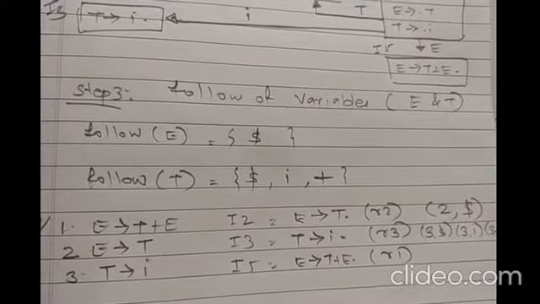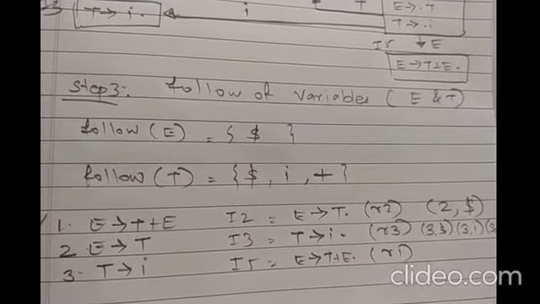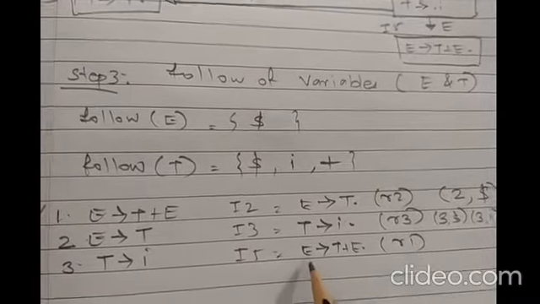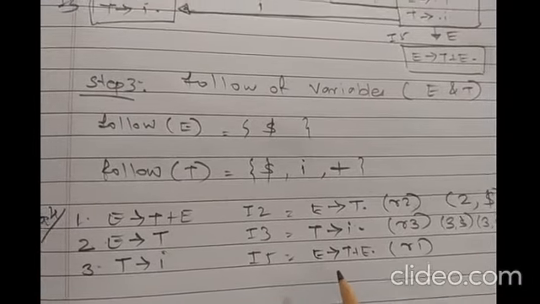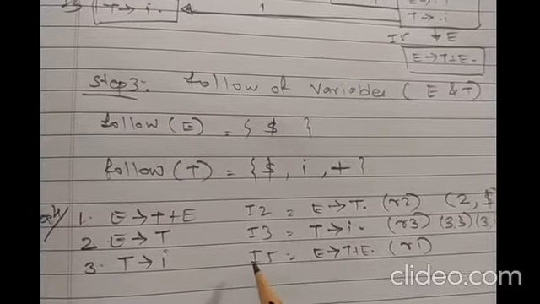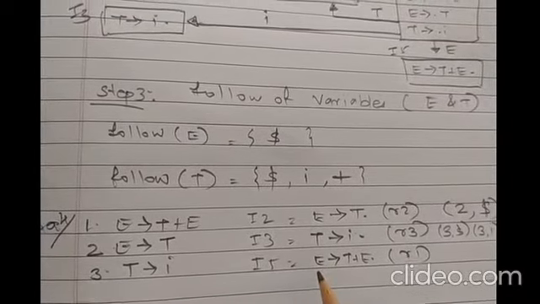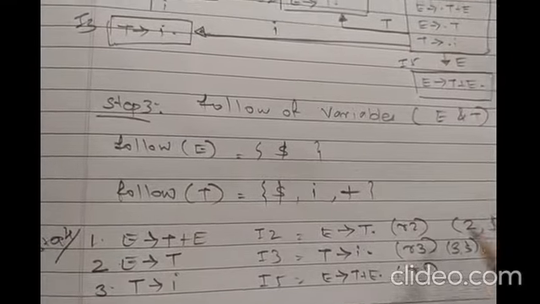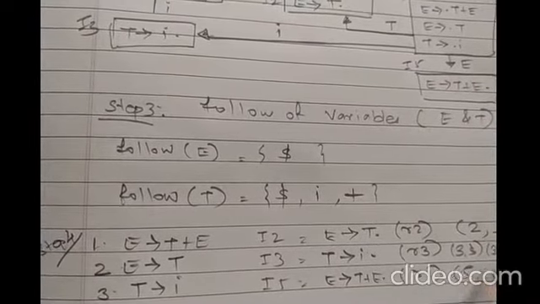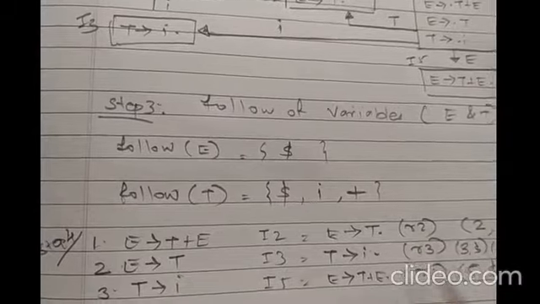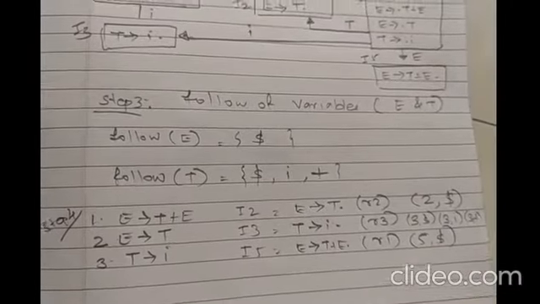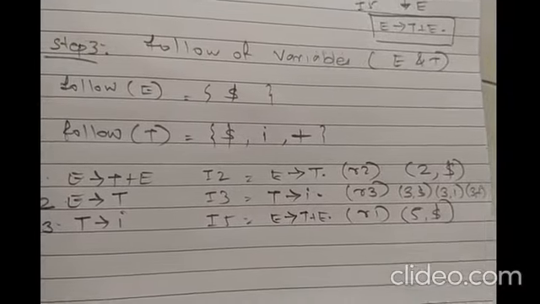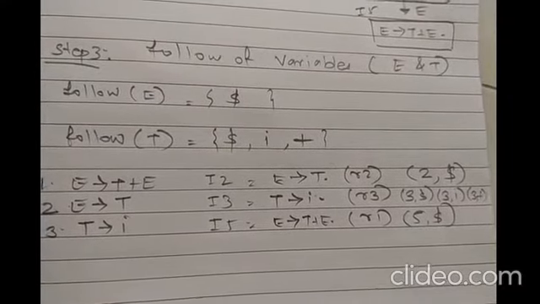And R1 will be written when you have a transition from I5 on the follow of the left hand side. So what is the left hand side? E. What is follow? Dollar. So when you have a transition like 5 on dollar, we will write R1. So in this way we have created the suitable states for the reduce operation.